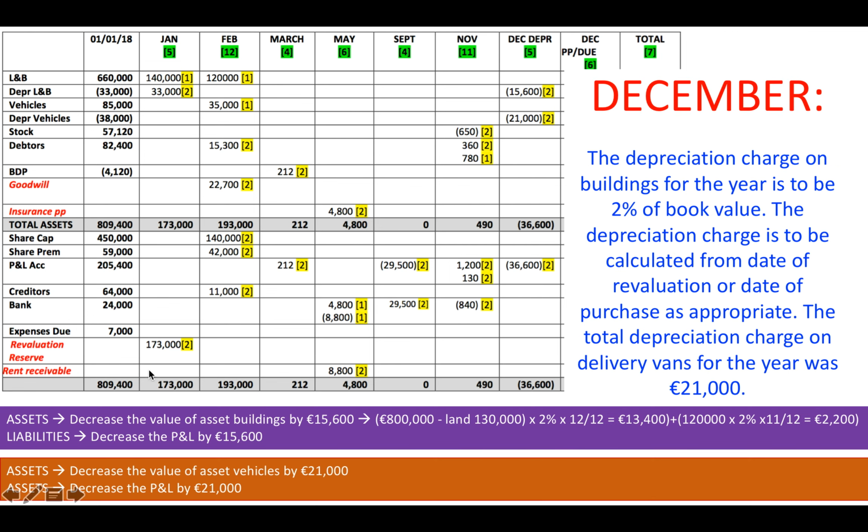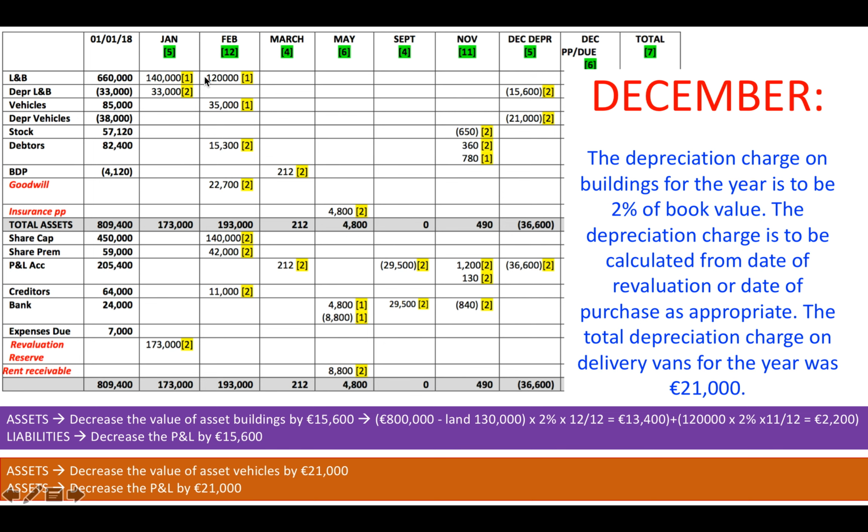So we have to remember now, decrease the value of asset buildings by 15,600. This is the depreciation that we've worked it out to be. How did we get 15,600? Well, the land was revalued to 800,000, do you remember, in January? But that included land of 130. So 800,000 minus land 130, multiply by 2%, and they had that for the whole year, so that is 13,400.